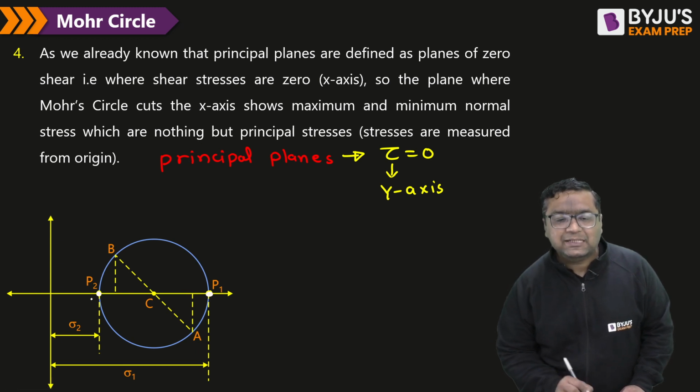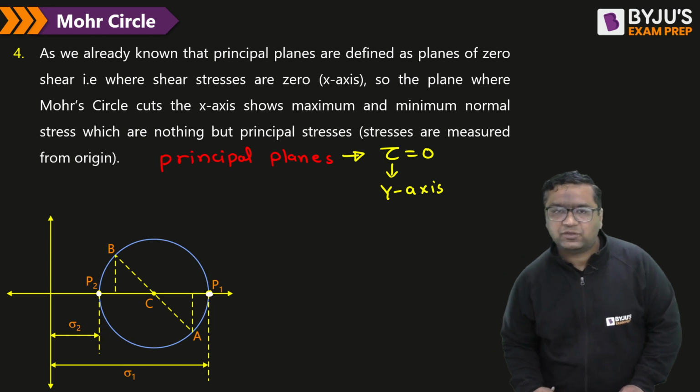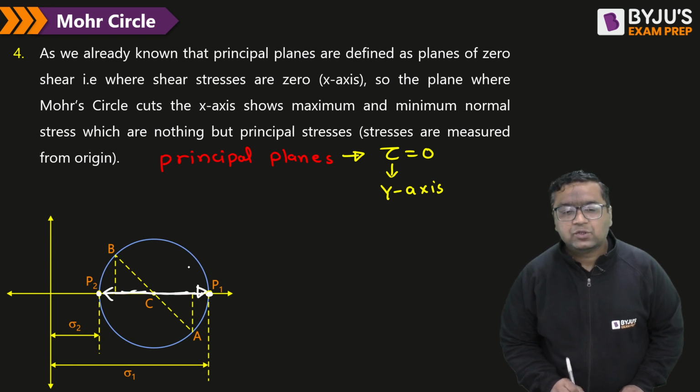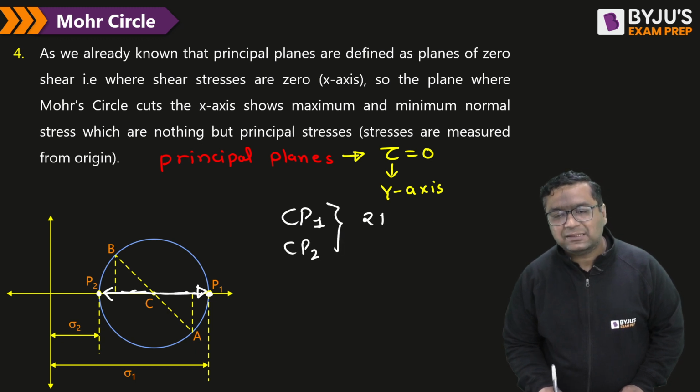So these 2 points give us the state of stress at the principal plane. And the radius joining these points will represent the principal plane. So you can say CP1 and CP2, they are 2 principal planes. And my dear, you can see the angle between these 2 principal planes is 180 degree.